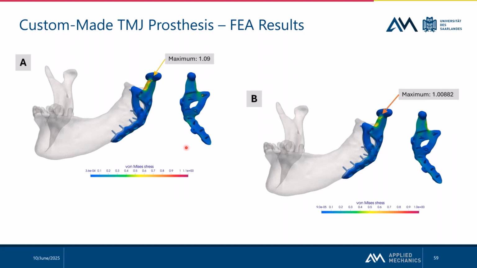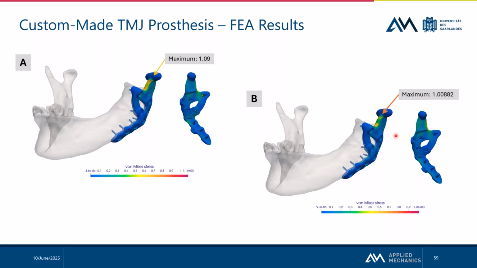And on this slide, you see the difference between running a simulation without contact formulations and with contact formulations. And you see without contact formulation, we have 1.09 as a maximum von Mises stress, and it reduces to more or less 1 in case of contact formulations. So if you apply contact between implants or prosthesis and bones, you can expect to get a reduction in the stress distribution around the implant or prosthesis.